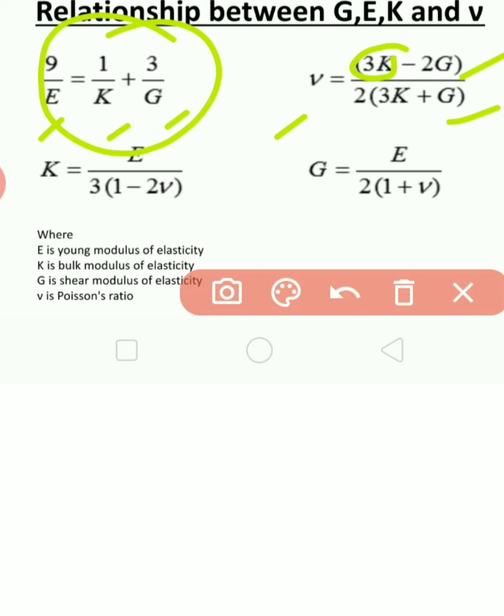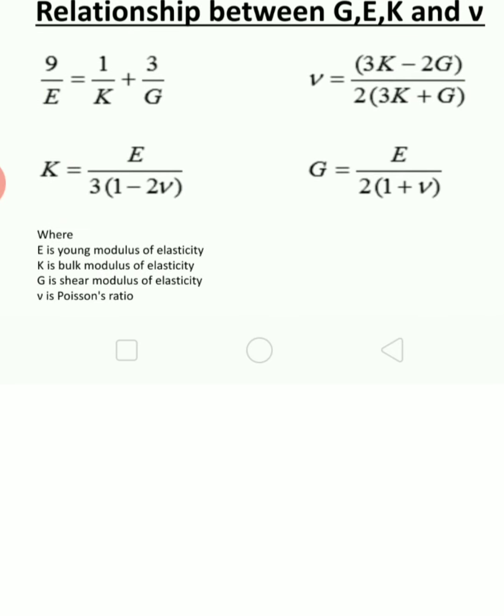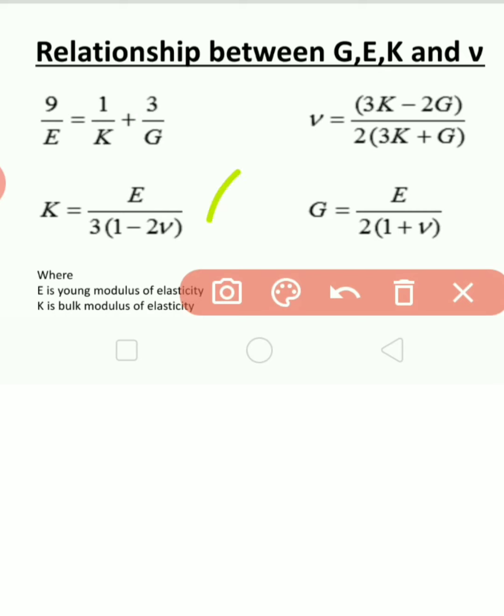For example, if we consider the first equation, you will be given bulk modulus and modulus of rigidity. By these two moduli you have to find Young modulus. If you remember this equation, you can easily find the value of Young modulus. In the same way, these other equations are there. Third one is bulk modulus equals Young modulus upon 3 into 1 minus 2 into Poisson's ratio.